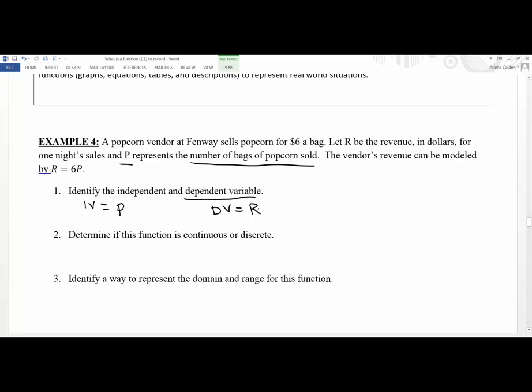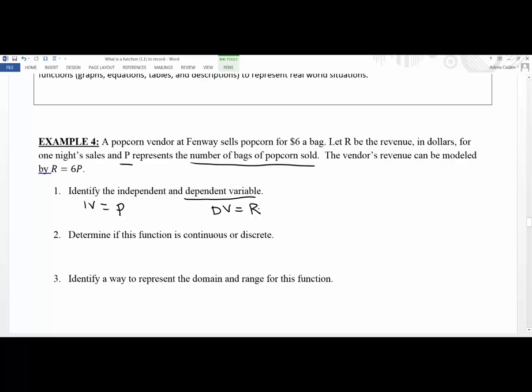For part 2, we want to consider if this function is continuous or discrete. If we want to know if something is continuous or discrete, we really need to consider what's going on with our independent variable and what types of numbers we can plug into it. Here, with popcorn, it makes sense that the numbers we are going to be plugging in are integers, things like 1, 2, 3, 4.